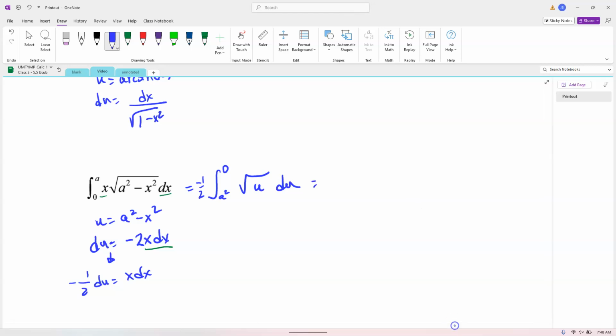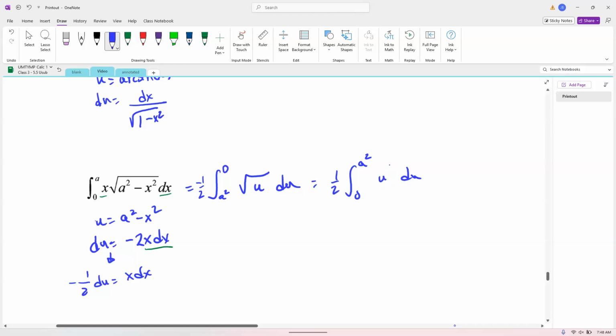If I flip the bounds, I get rid of a negative, so I have 1/2 integral 0 to a squared of square root of u du, which is actually u to the 1/2 power. Okay, so I get 1/2, and then u to the 3/2 over 3/2, evaluated from 0 to a squared.